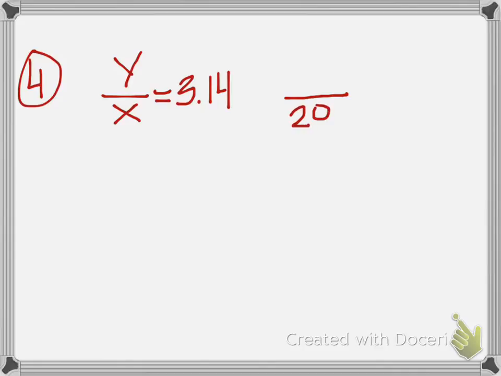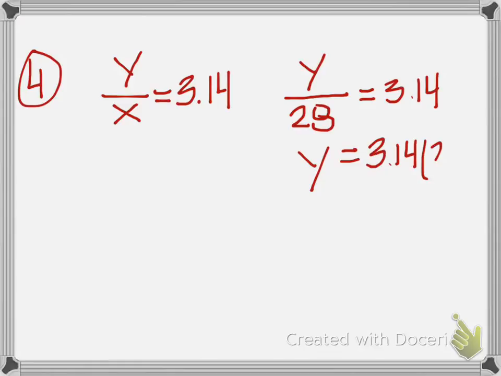That means diameter is 28. We have some circumference divided by 28 is going to equal 3.14. That means our circumference is going to be 3.14 times 28.